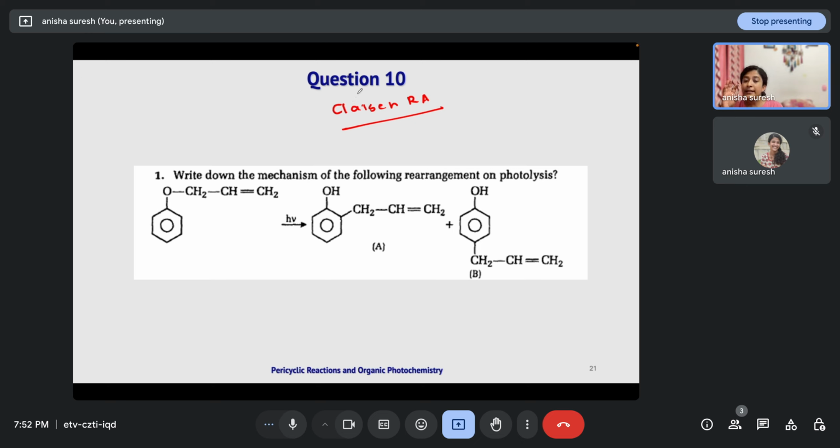Here the rearrangement is taking place under photochemical condition, so this is an example of photo Claisen rearrangement. Please try to work out the mechanism for this photo Claisen rearrangement. I will give a minute for working it out.